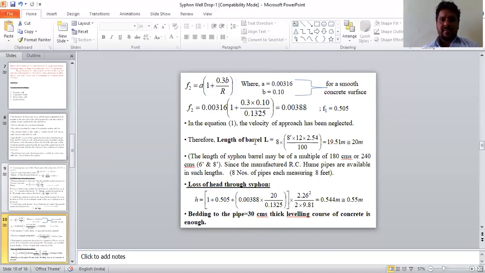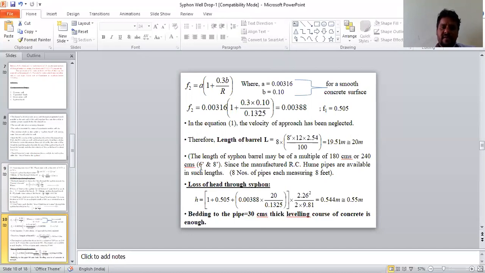So now the length of the barrel can be calculated. In the ground, you can study horizontal drilling. Through horizontal drilling, if you know how much length there is, then directly you can substitute the length, no issue. Or else you can calculate the length of the barrel. Suppose it is 20 meter, right?